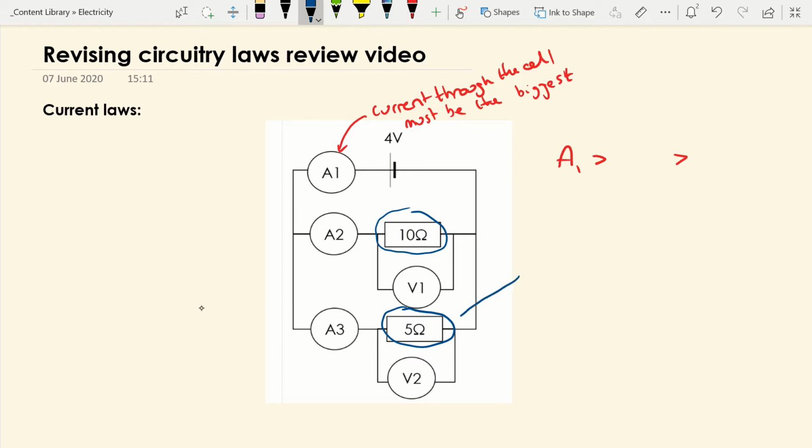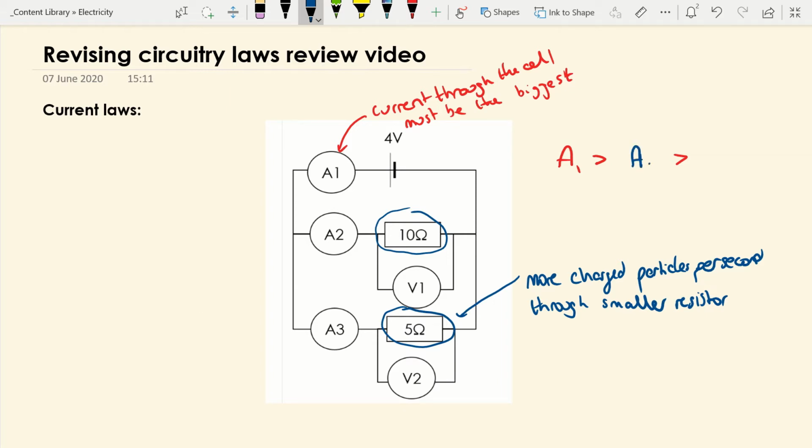So essentially what we're going to see is more charged particles per second through the smaller resistor. Okay, so that allows us to then put the A3 and A2 in order. So we'd expect to see A3 and then A2 being the smallest one at the end.